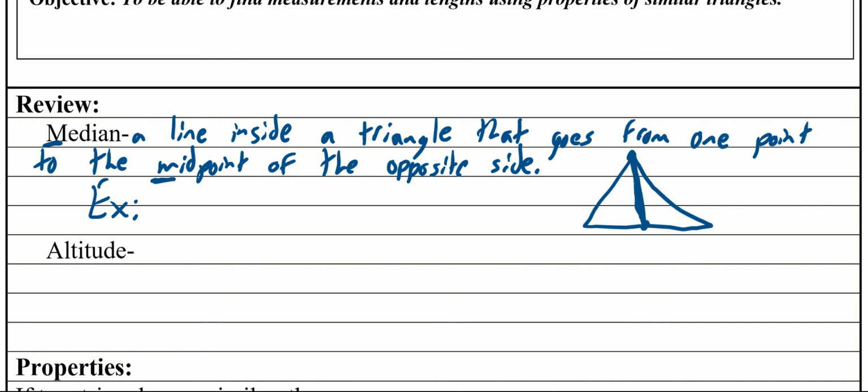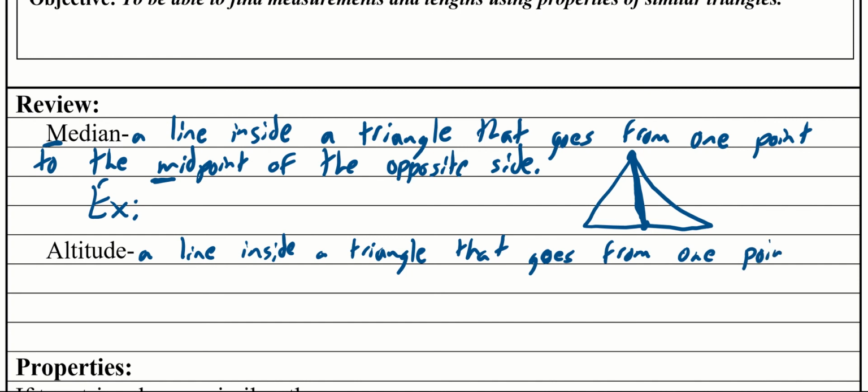Another thing that we talked about is what we call the altitude. Okay, the altitude of a triangle is similar to it. It is a line inside a triangle that also goes from one point. And this time it's a little bit different.